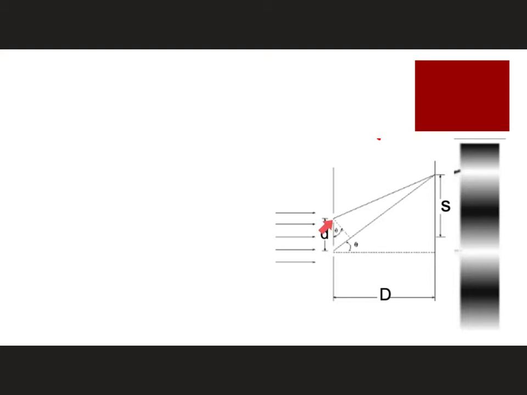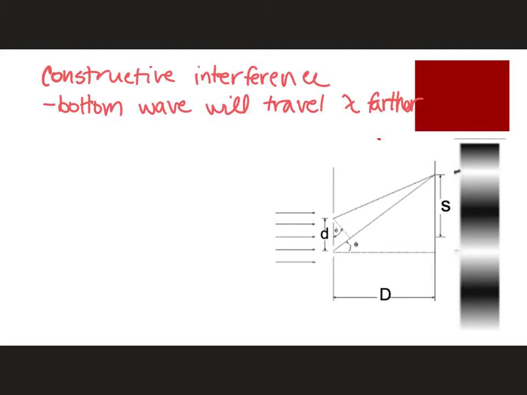That means if this one started off at this point, let's say right now in time, it is a peak, and it gets all the way here and it's a peak. Well, in order for this peak to be back in phase and being a peak at the same time, how much farther will it have to travel? One whole wavelength. Okay, so that means we have a path difference of lambda.